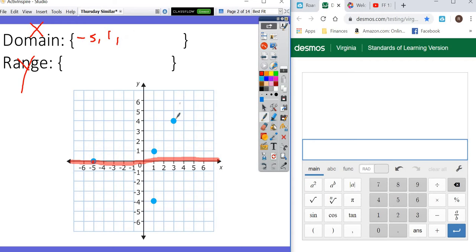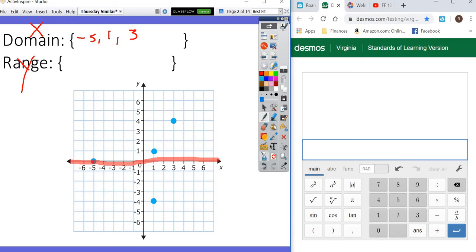Then my next point, right here, goes all the way down to the x-axis, and that is a 3. So my domain for these 4 points, this relation, is -5, 1, and 3.